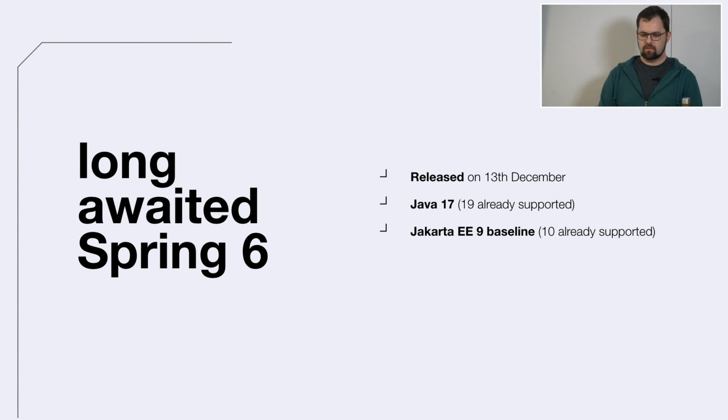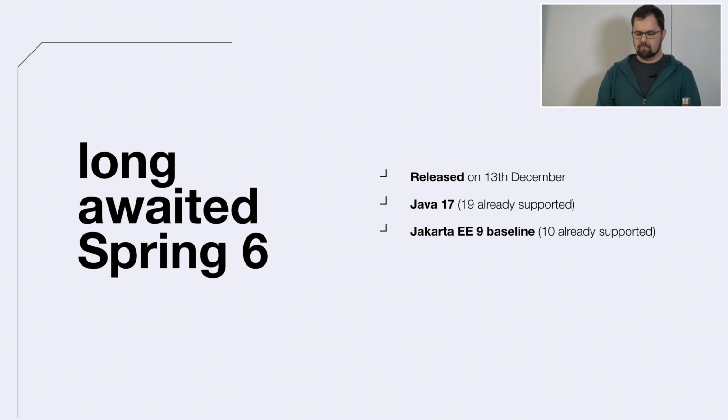It supports a new baseline Java version, Java 17, as opposed to the Java 8 that was supported by Spring Boot 2 and Spring Framework 5, which means some security improvements, performance improvements, but most importantly, some new language features that developers can use to make Java a bit nicer to use.